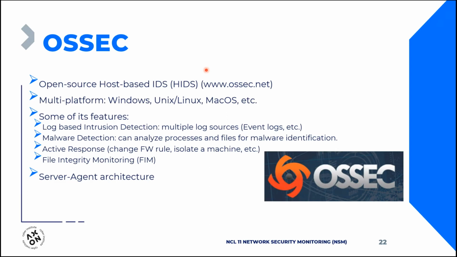It has an active response. An active response is where you can tell OSSEC that whenever it generates, for example, a certain type of alert, it should go and isolate the machine from the network. For example, if an alert is severe, go and block that system, isolate it from the network, or you can give it a username and password, authentication credentials to access the firewall, and then it can make changes on the firewall based on those alerts.